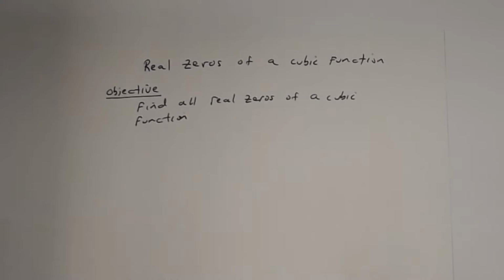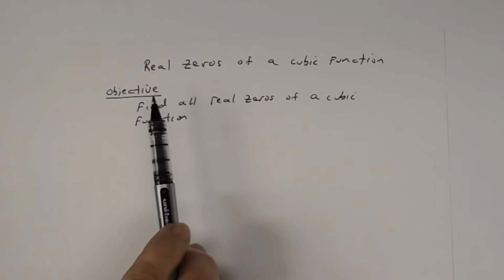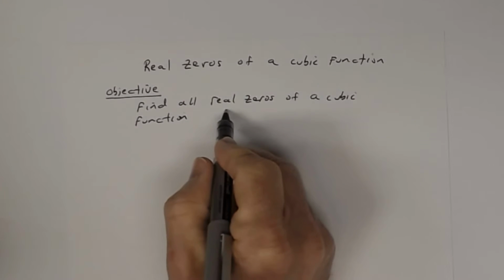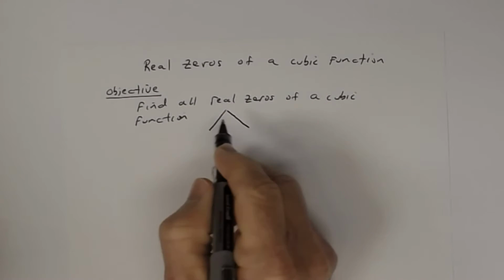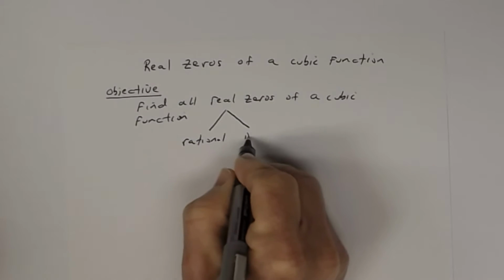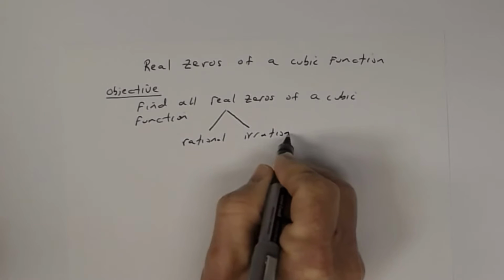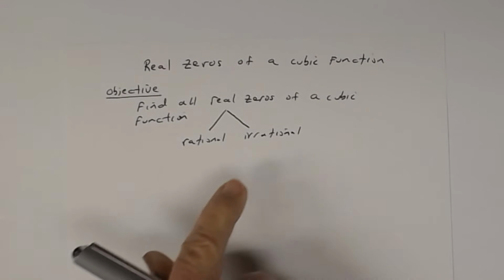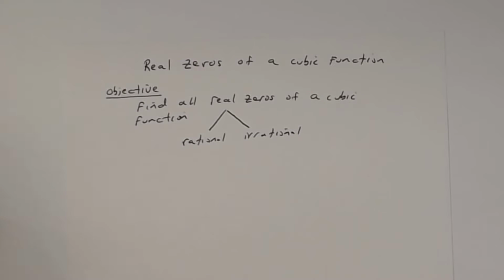In this case, though, remember a real zero can be rational or irrational. And so in this particular lesson, the one that we're about to look at, some of our zeros will be irrational. All right, so let's look at an example.